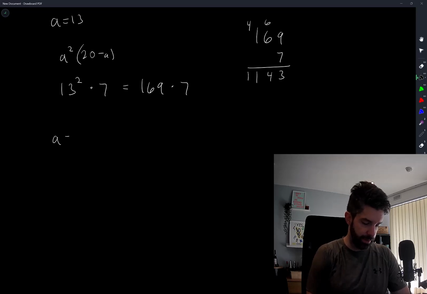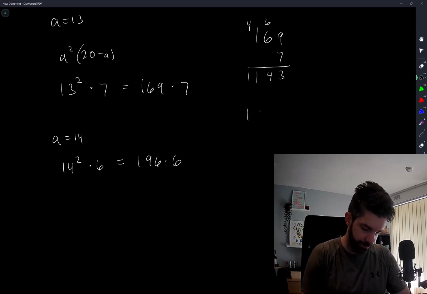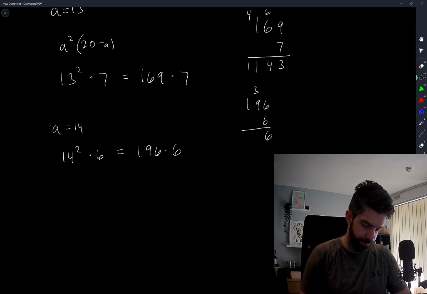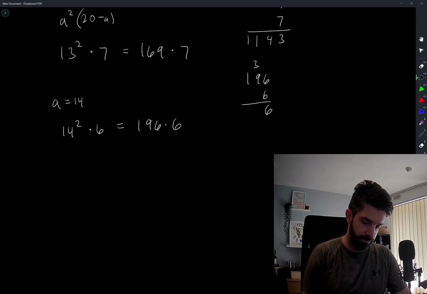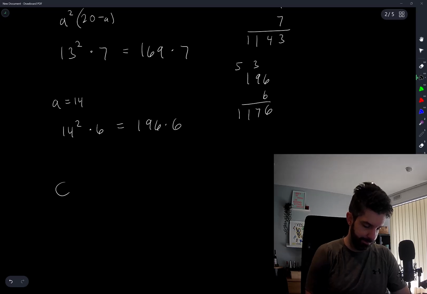Now let's try it with a is equal to 14. 14 squared times 6, that's 196 times 6, and I get 1176. So 1176 is option C, and this happens when a is equal to 14.